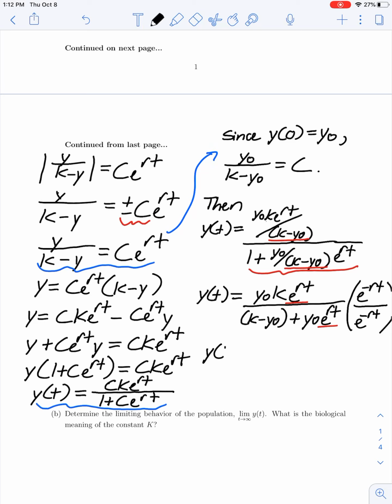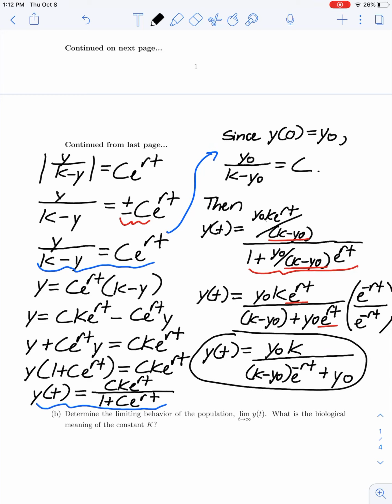And I'm left with y of t is y naught times k over k minus y naught times e to the negative rt plus y naught. So this would be the solution of that logistic growth equation, or if you prefer, you could use the line above as the solution of that logistic growth equation. They're equivalent functions.